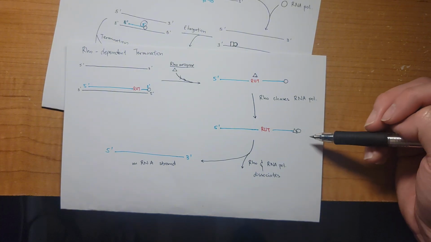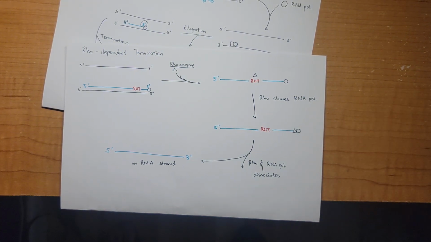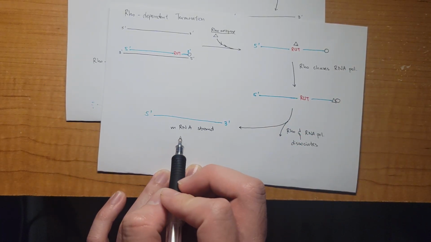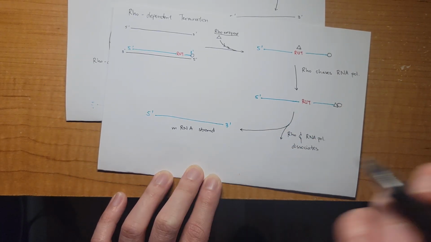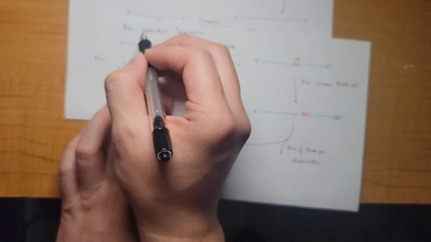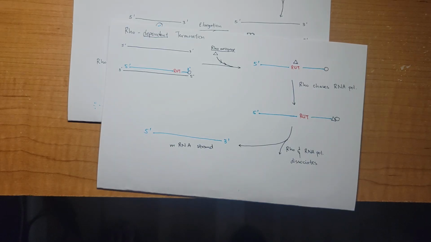Once it stops, both RNA polymerase and rho dissociate, and now we have the full mRNA strand. That's rho-dependent termination. That's why it's called rho-dependent, because it depends on rho to stop elongation.